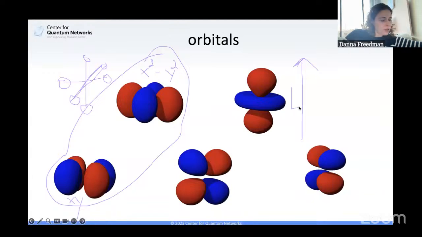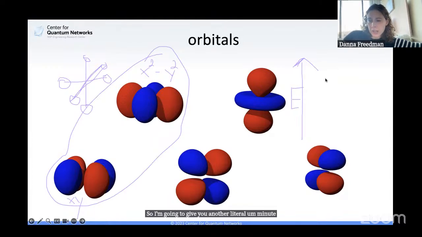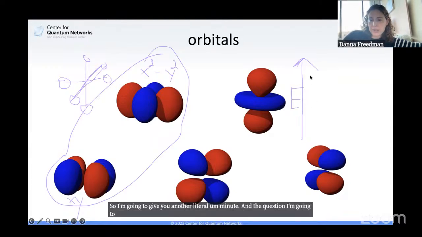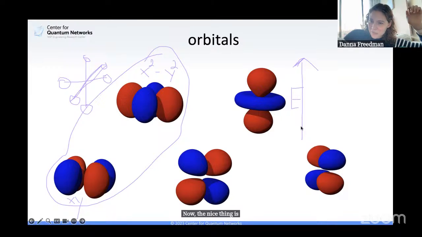So I'm going to give you another literal minute. And the question I'm going to ask you is to help me put these two orbitals on an energy graph relative to each other. Now, the nice thing is, actually, any answer is correct with the right caveat.